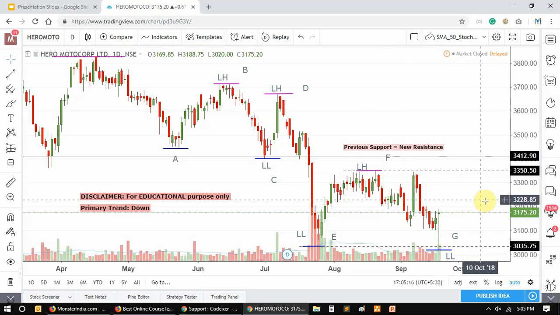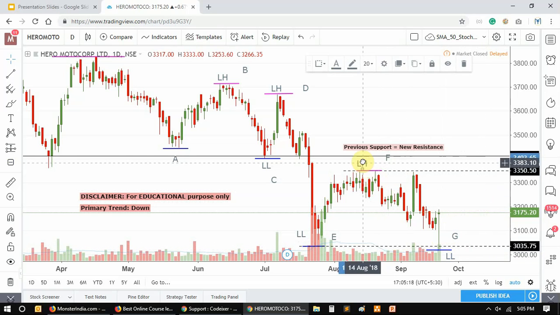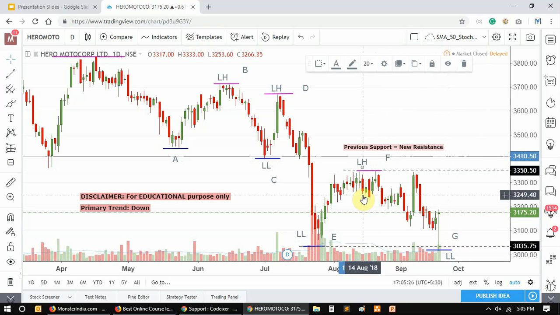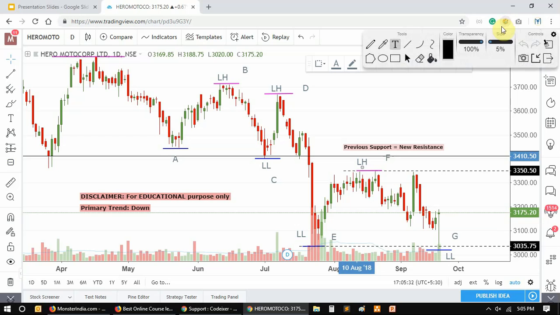So what we have done is we have marked this as the lower low, this high, and this last low we have marked as the lower low. So this is our structure for people who love wave theory. Let's look at the number of legs which we are actually counting here. This leg started from here.